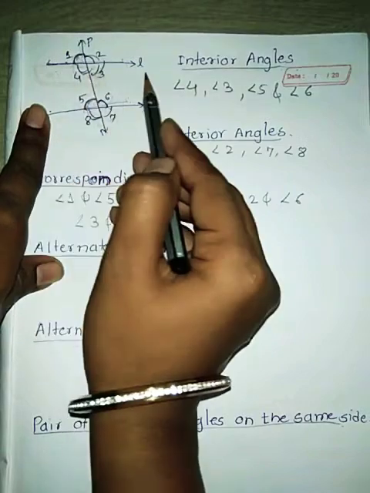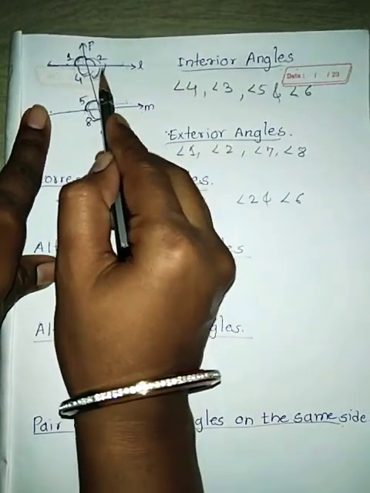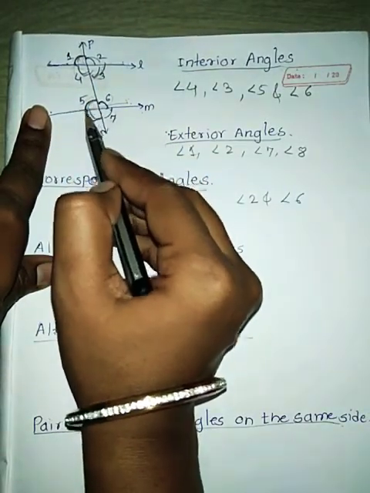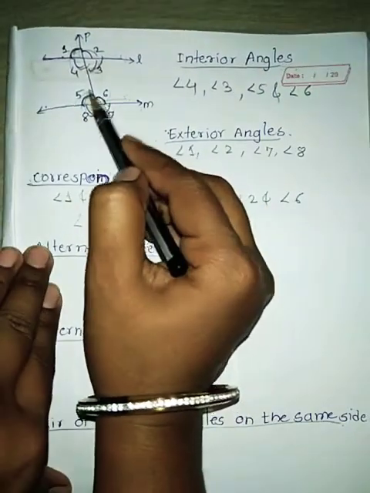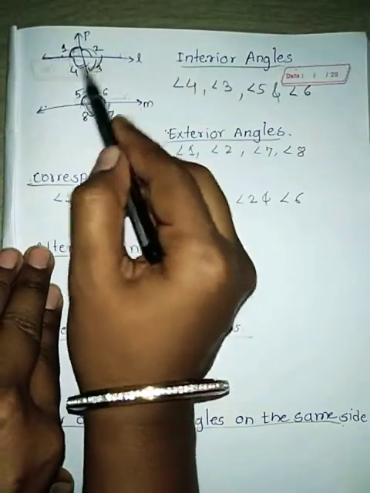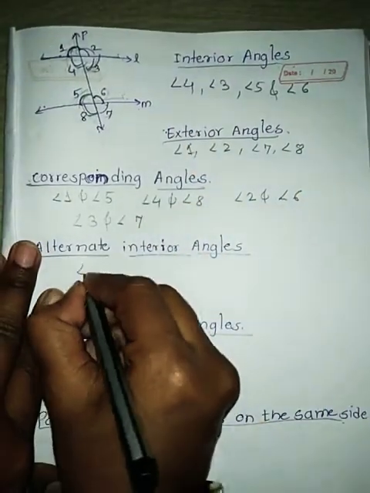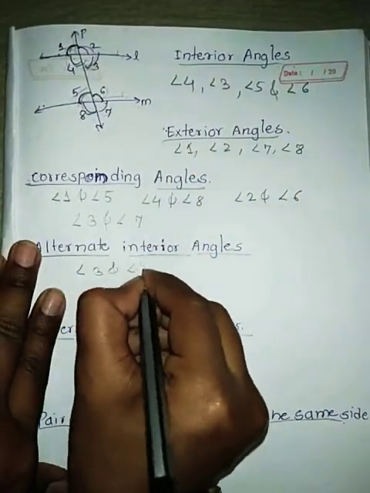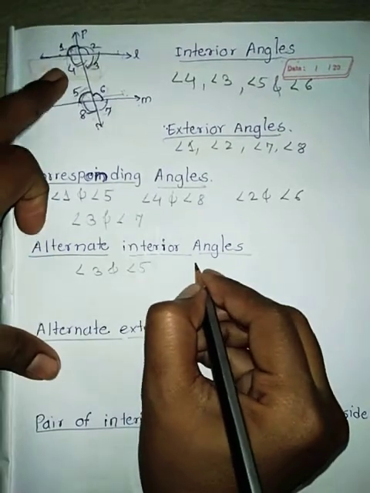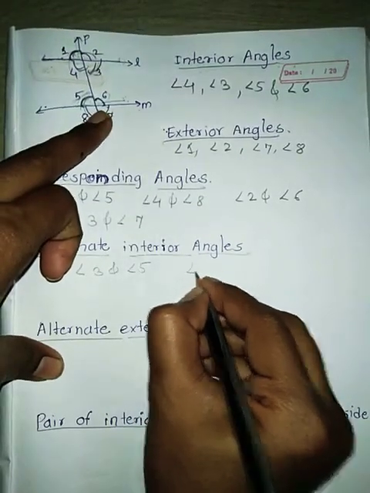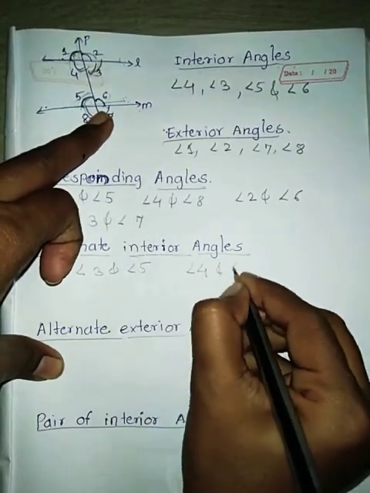Alternate means side change. If 3 is on the right side, then 5 has to be taken from the left side, and from the interior angles only. So angle 3 and angle 5, and the next pair is angle 4 and angle 6.